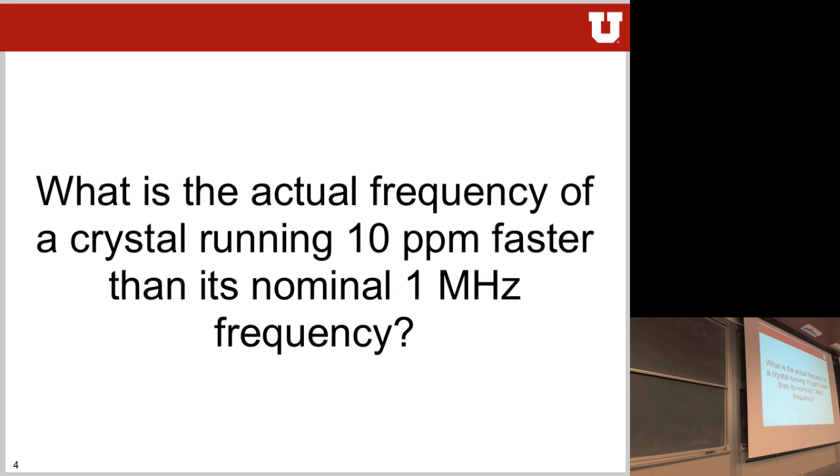Okay, what's the answer? 10 to the 13? That's a huge number. Is that just the 1 megahertz plus 10 hertz? Yeah. ppm is parts per million. So if the nominal frequency is 1 megahertz and you're 10 ppm off, you're at 1,000,010 hertz.